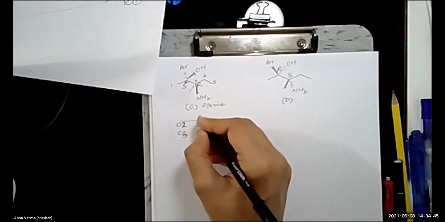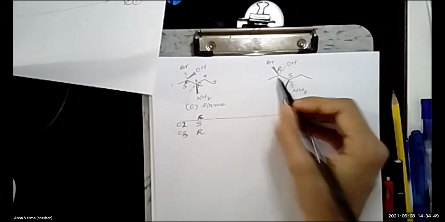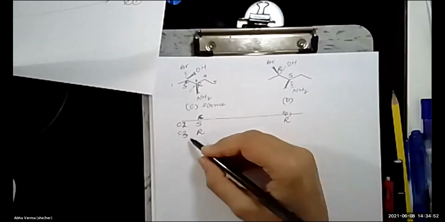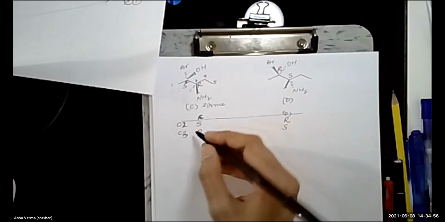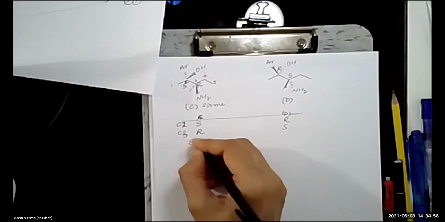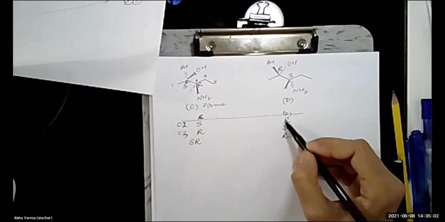And what about in D? What do I have in C2? I have exactly opposite, R, and in C3, I have exactly opposite, S. So what is the combination that I see here? I see an SR here, and I see an RS here.